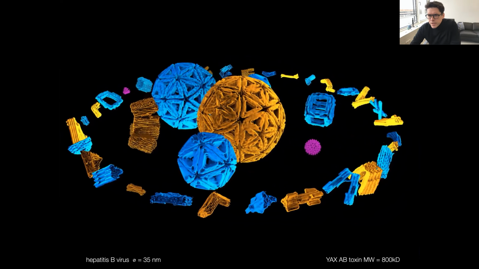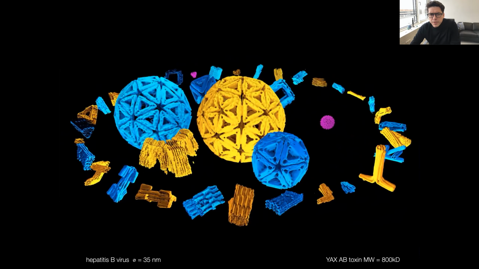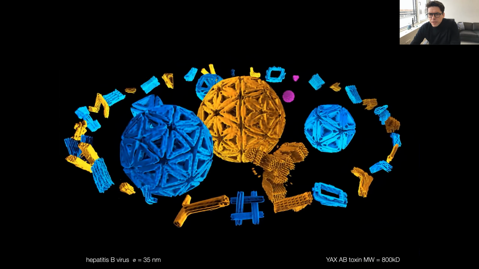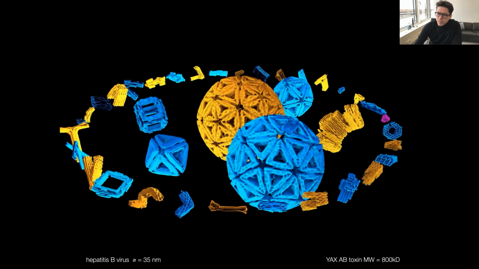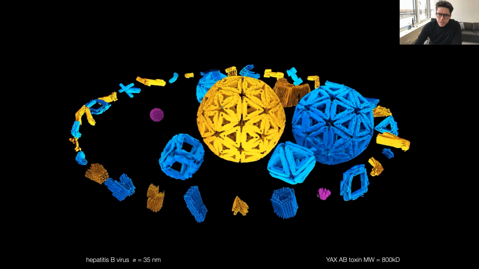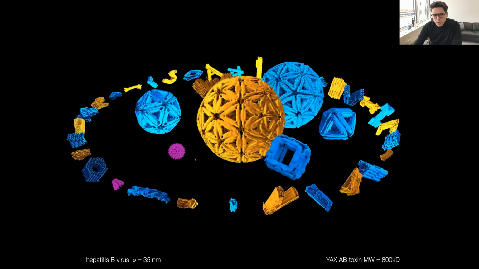As a way of showing you the scale of these objects, I have included here two natural objects. Here in the top, in the outer orbit, so to speak, there's this little magenta colored object. This is actually a protein complex, 800 kilodalton in molecular mass, about 8 nanometer in diameter. And then here in the inner orbit, there's this magenta colored sphere.